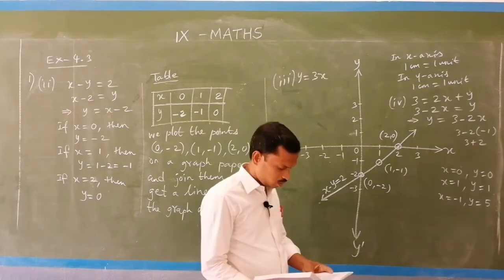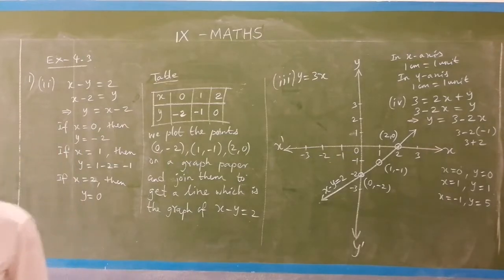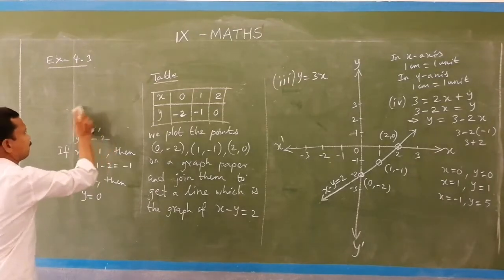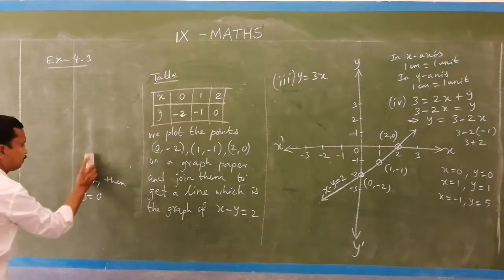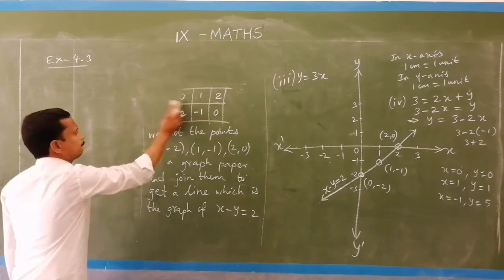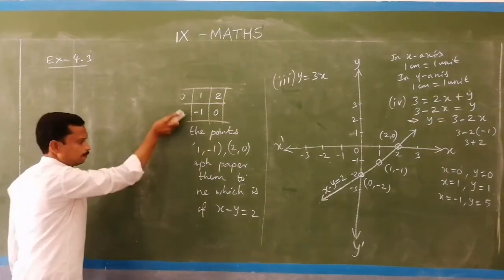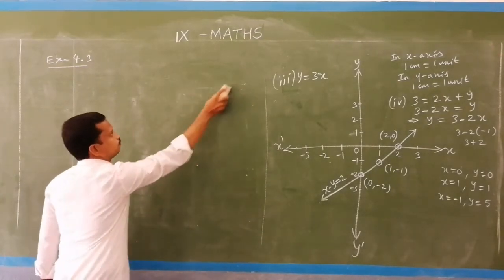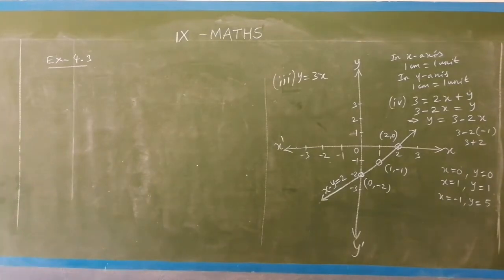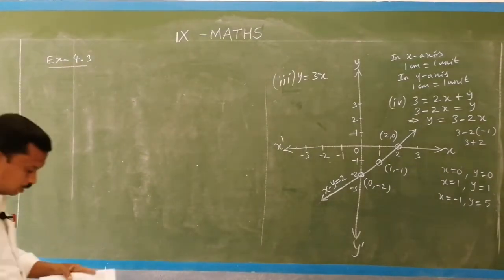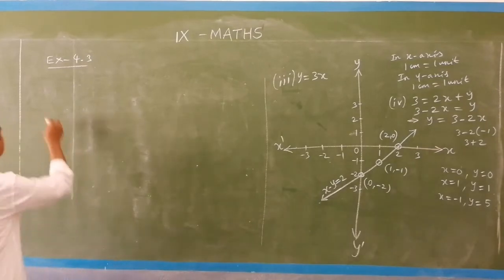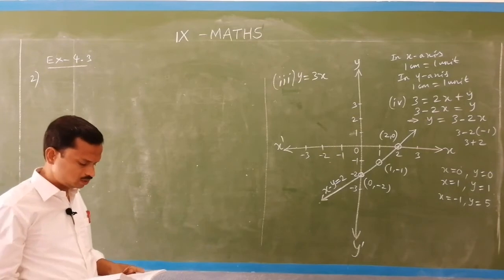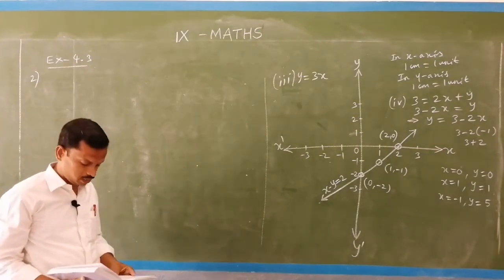Okay. Question number 2: give the equations of two lines passing through 2 comma 14.